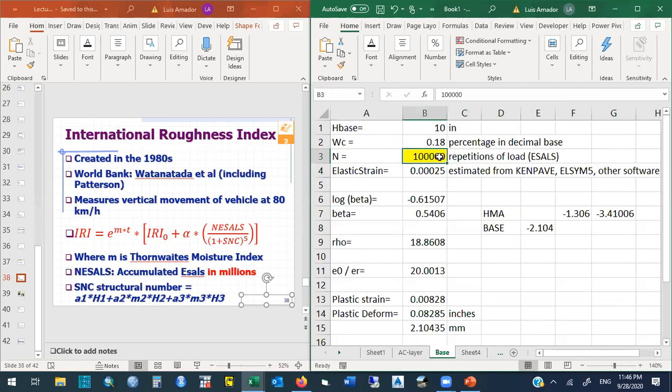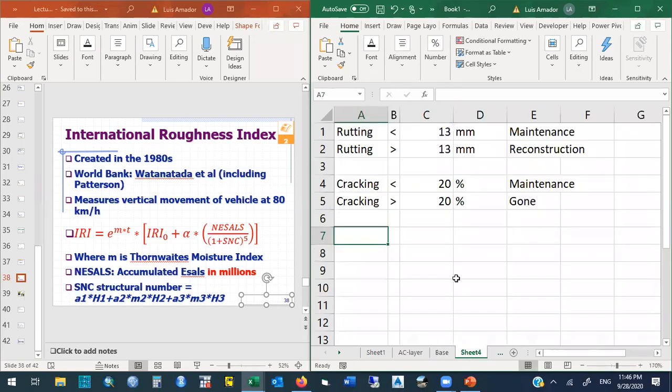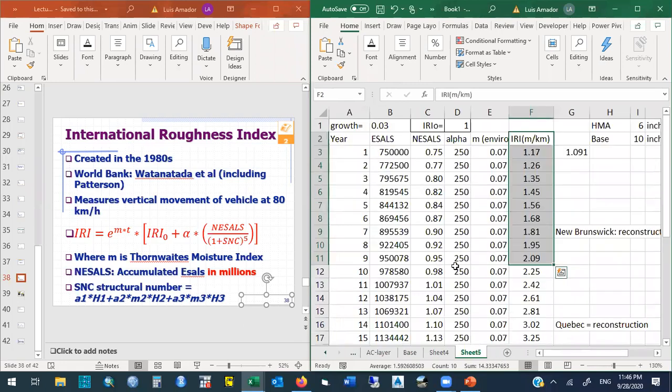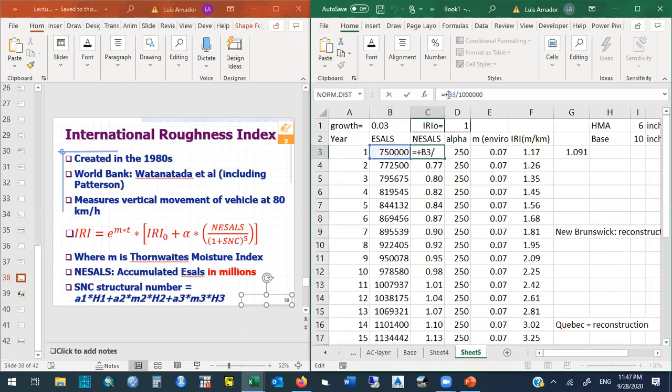So just as I have 750,000 there, and then at some point here, where is it? At this point that New Brunswick has failure, I have accumulated... oh, this is accumulating. Hold on, guys. Accumulated, but in millions. No. Check the bottom part of that, the next cell. I lost the accumulation.